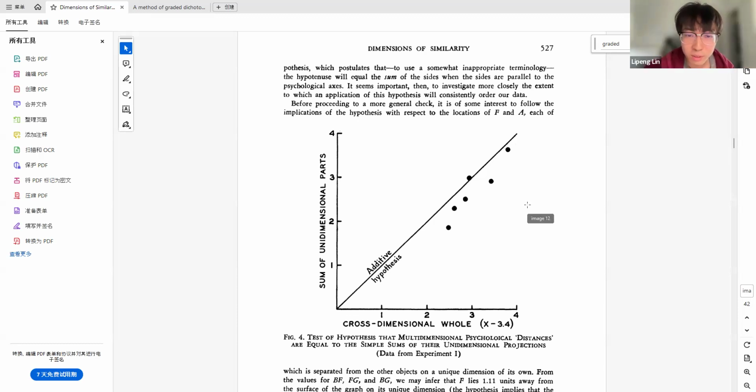Maybe I should say something, because recently we've been looking into some dimension issues of the similarity rating. One thing I want to mention is regarding multidimensional scaling, MDS.